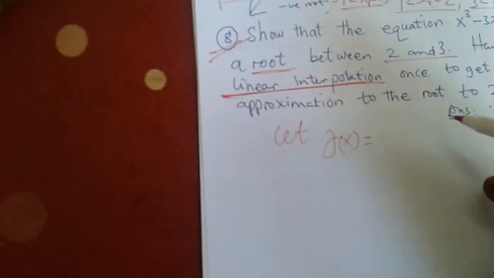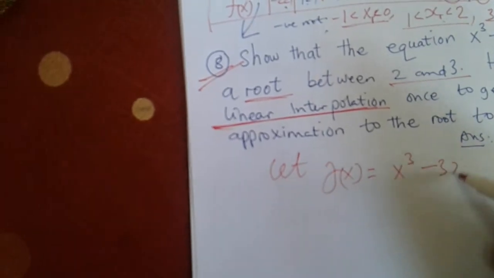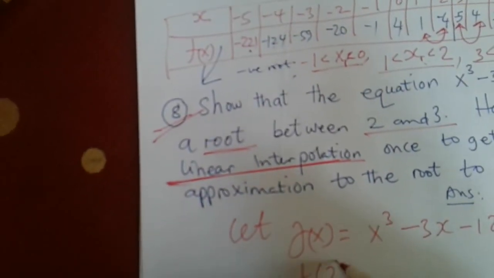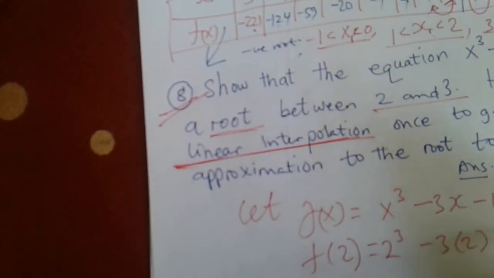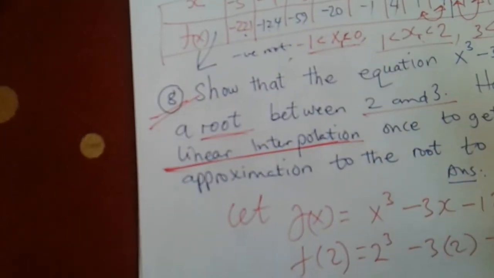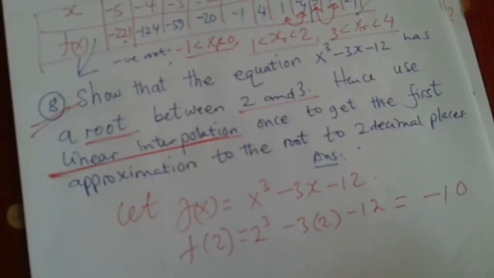You let f of x be equal to x cubed minus 3x minus 12. Then f of 2 will be 2 cubed minus 3 times 2 minus 12, and this automatically gives you -10 if you use your calculator properly.